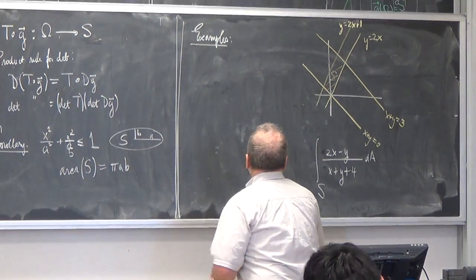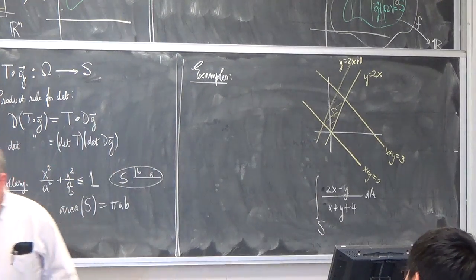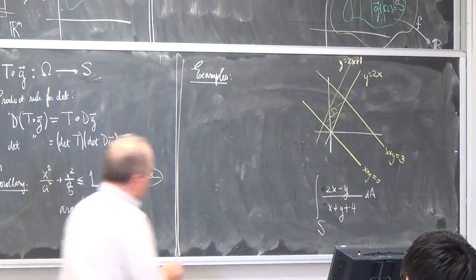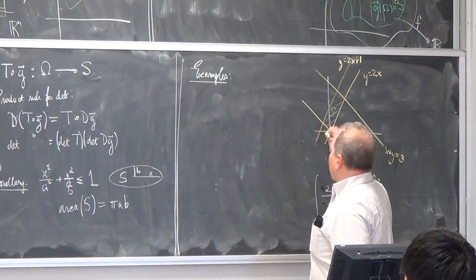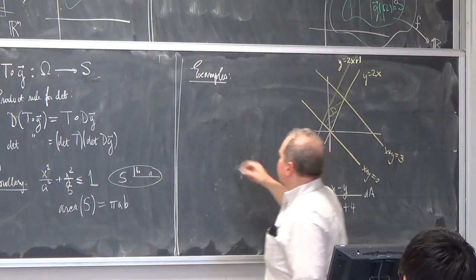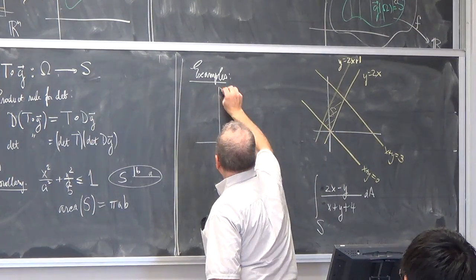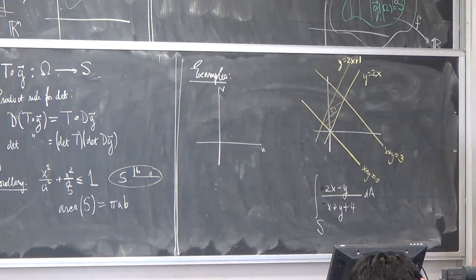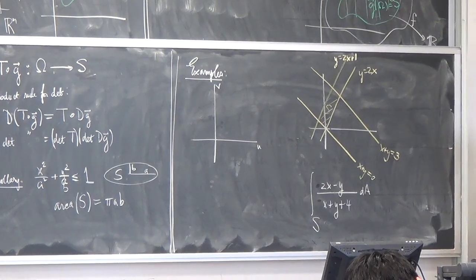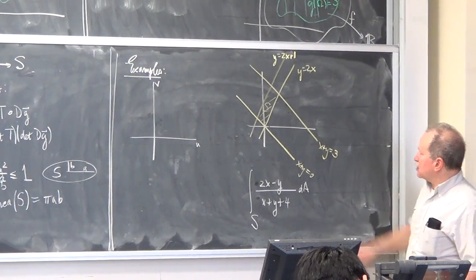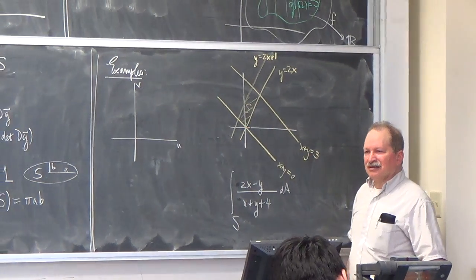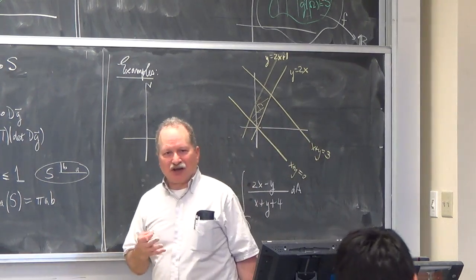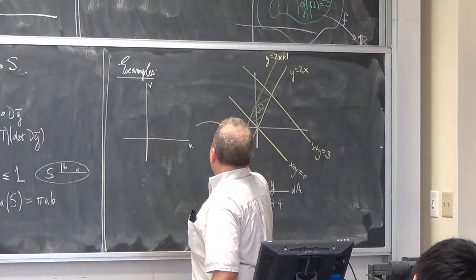So you want to say to yourself, what mapping do I want from UV space to XY space that'll map a nice simple region to my parallelogram S? Wouldn't it be nice to make it at least some sort of rectangle? These are not right angles, so I don't want to rotate. But if you were doing this the way you did baby calculus, you wouldn't think about the mapping yet.